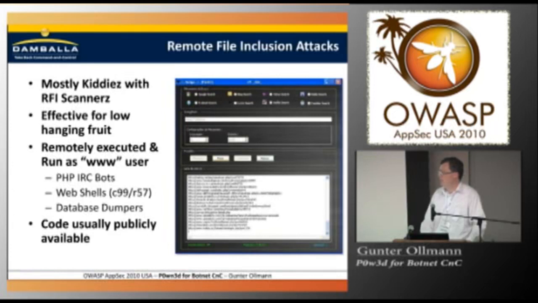So if you're running AV scanners and things like that on your web servers, you'll be able to detect this, but not many people run malware scanners on their web servers. So the tools themselves: remote file inclusion scanners. These tools are popular and widely available.